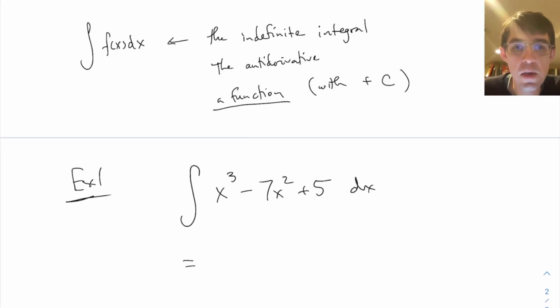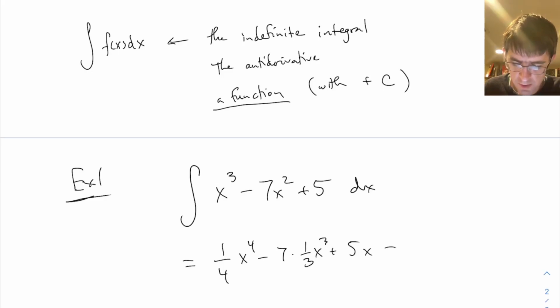It just means the antiderivative. And what is the antiderivative of that? Do the usual thing with the coefficients: 1/4 x to the 4 minus 7 times 1/3 x cubed plus 5x plus c. The indefinite integral is the antiderivative with the plus c in it.